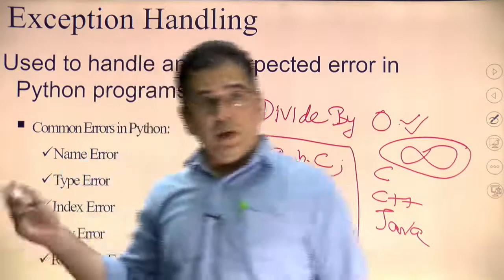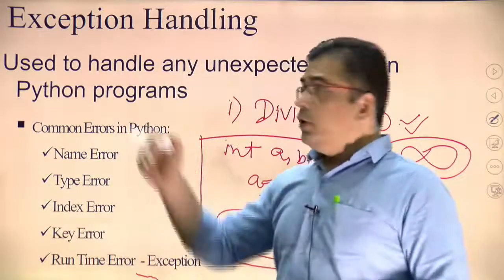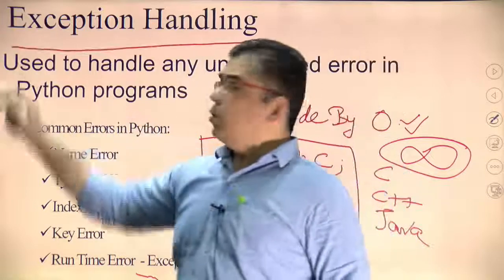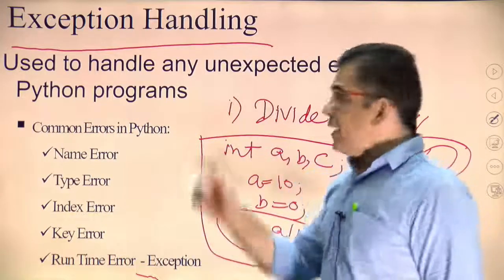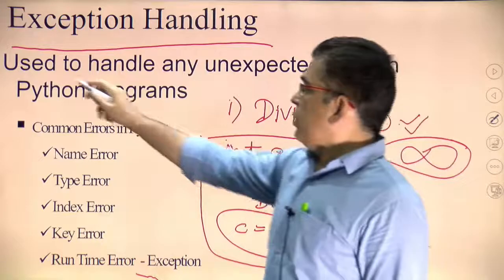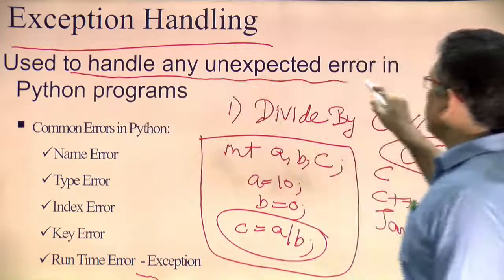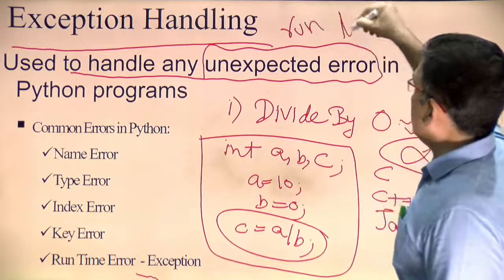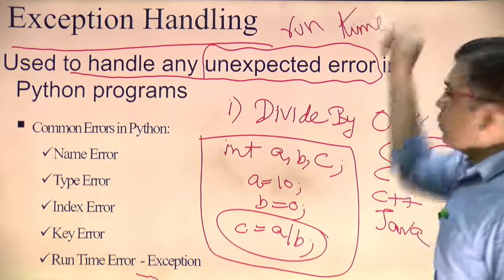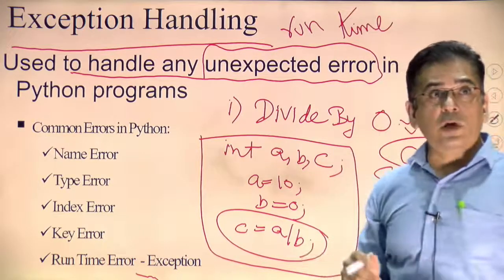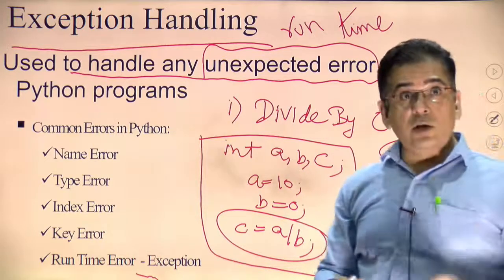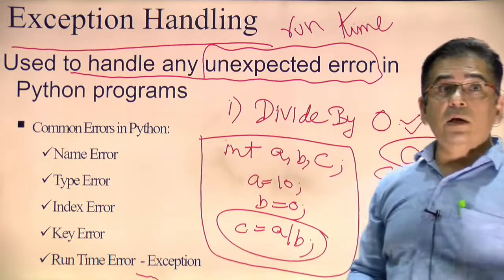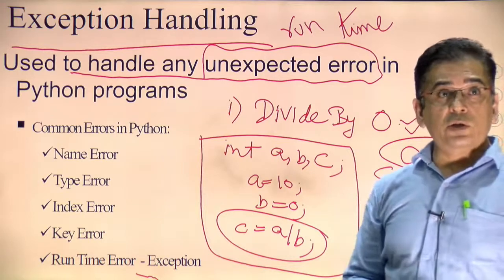So now coming to the Python scenario of handling exceptions or runtime errors. Exception handling in Python is used to handle any unexpected error, or you can say runtime error, which the programmer was not able to identify at the writing of the program or even at compilation time if you are working in C or C++.